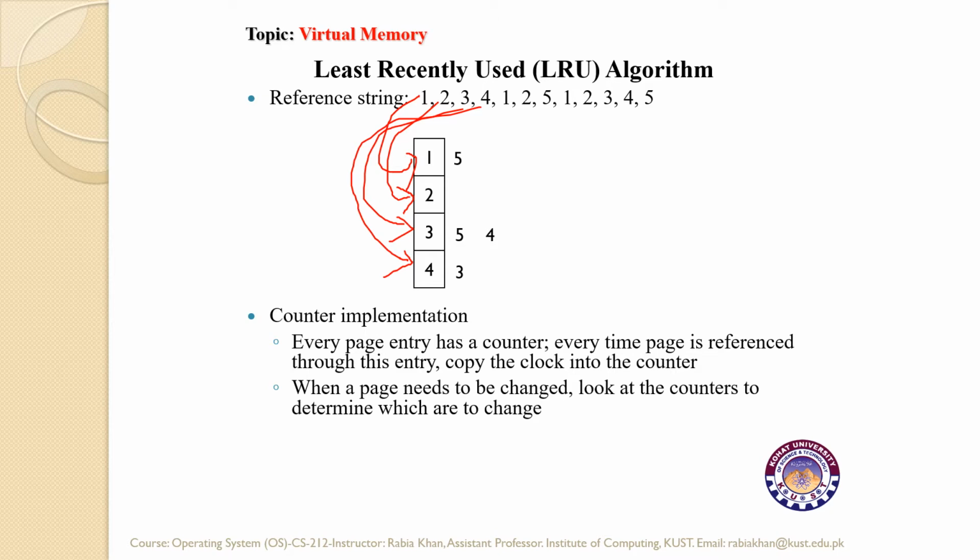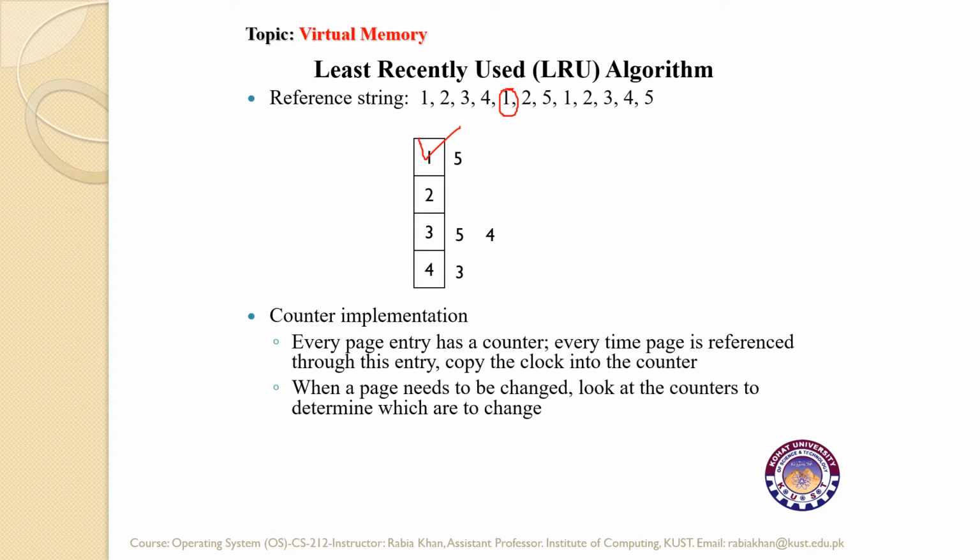Next required page is page number 1, which is already present, so there is no page replacement. Since page number 1 is already present in frame number 1, as you can see, there is no page fault.